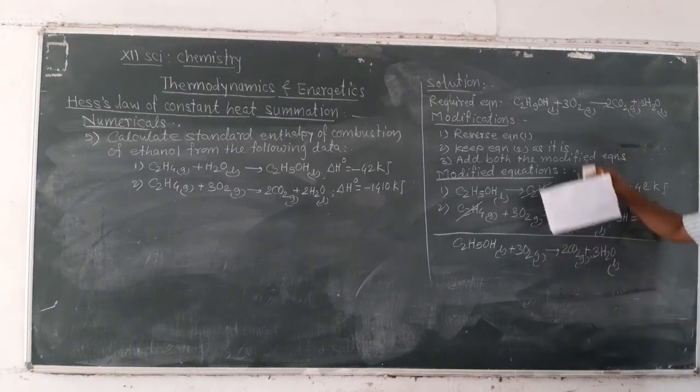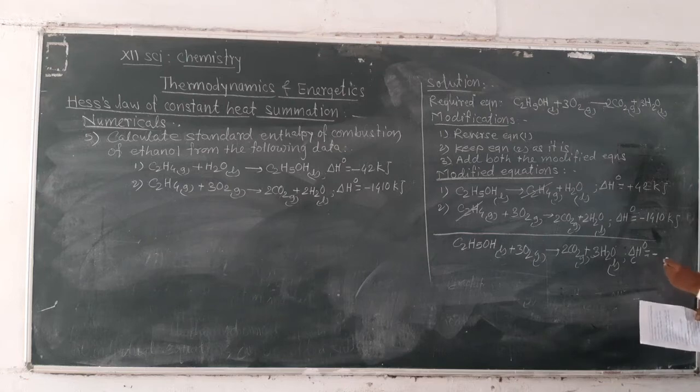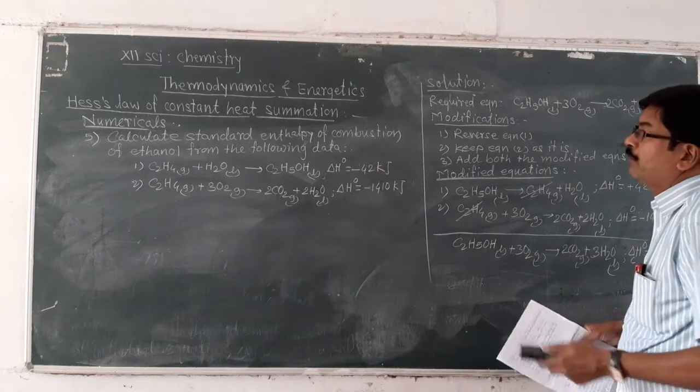We get the required equation. And by algebraic sum of the enthalpies of these modified equations, we get the enthalpy of combustion of ethanol, minus 1368 kilojoule per mole. This is the answer of this fifth problem.